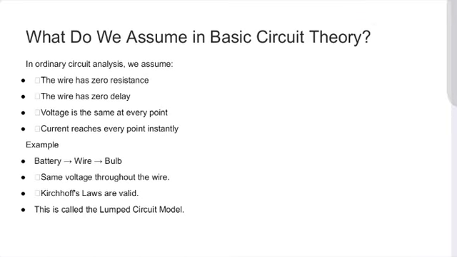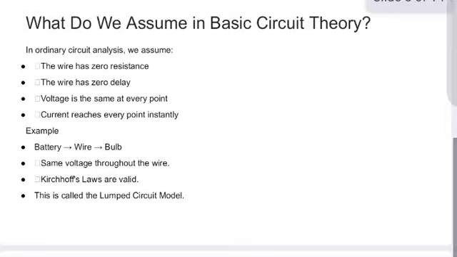But in the theoretical concepts of circuit theory, we assume that the wire has zero resistance and there is no delay caused by the wire, the voltage is the same at every point on the wire, and the current reaches every point instantly when it is switched on. But in reality the answer is no.